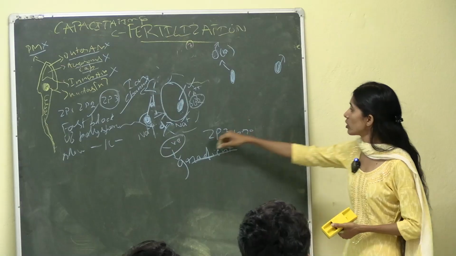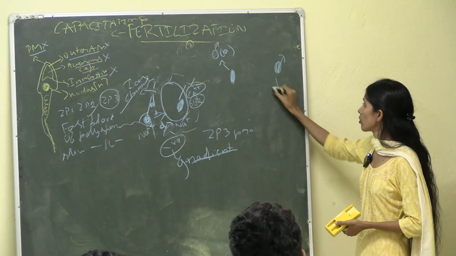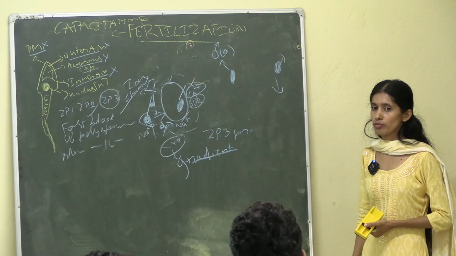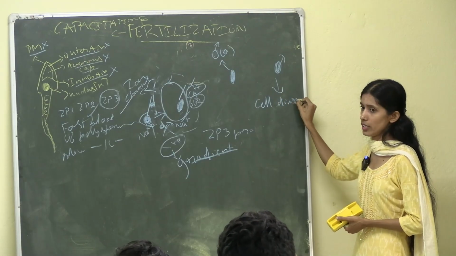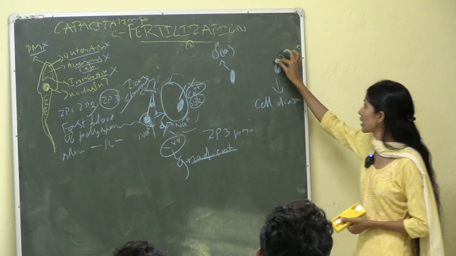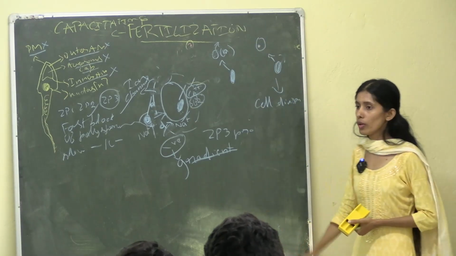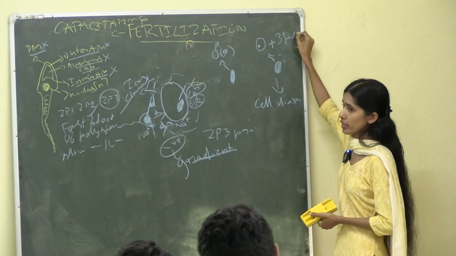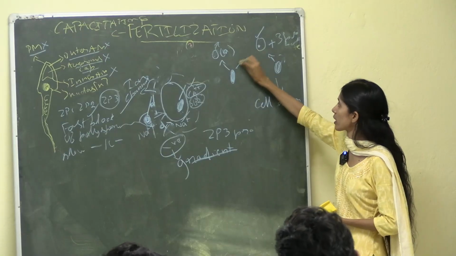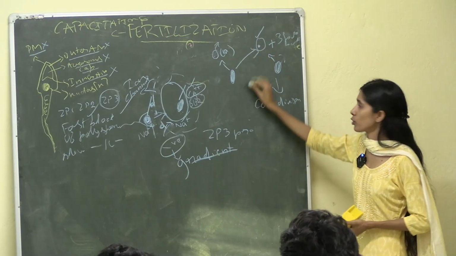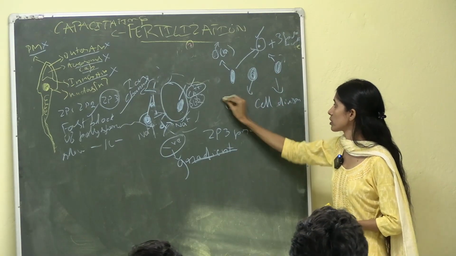Okay, so now the Ca plus ions produced by your SER will help the female pronucleus to go under the cell division and complete the whole cell division. As a result, by the end we are going to get one functional ovum plus 3 polar bodies. Remember the oogenesis? So now this functional ovum will be recognized by the sperm, and these two are going to fuse with one another to form the zygote.